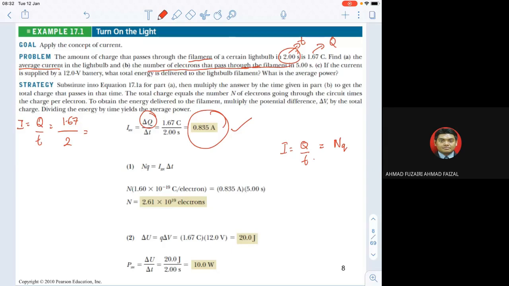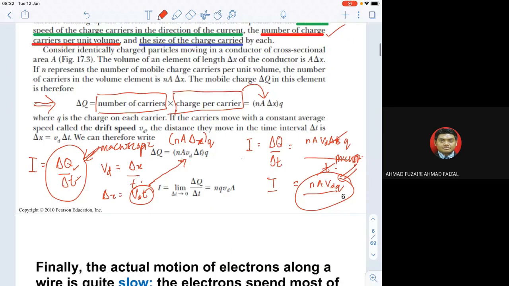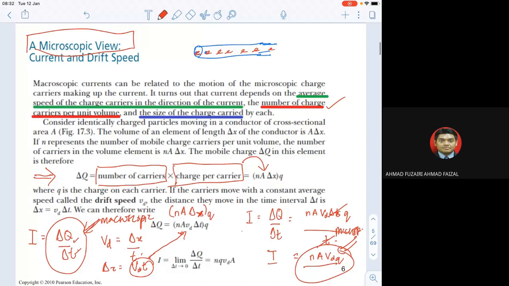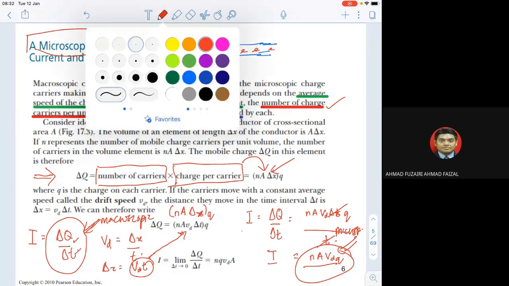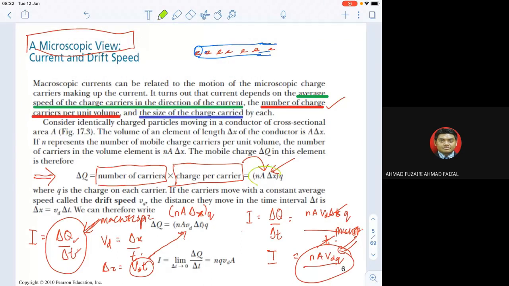If you look at this part, I will circle this one with green color. This one is the number of electrons, the number of electrons times the charge of the electron.